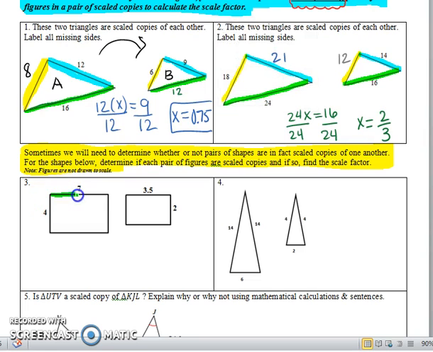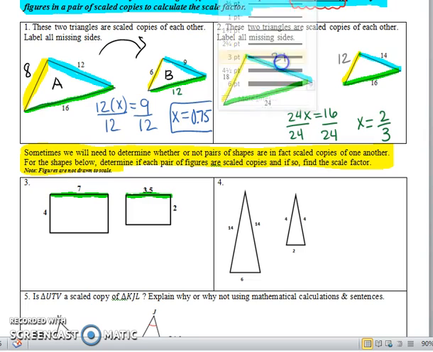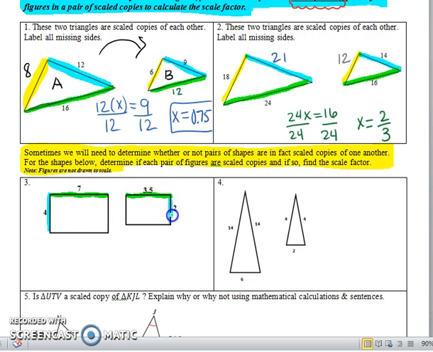So I see that this side that is 7 corresponds with this side that's 3.5. And then this side that is 4 corresponds with this side that is 2. So the way that I can see if these are in fact scaled copies of one another is I can basically set up a ratio.